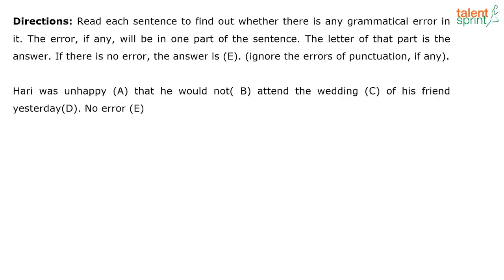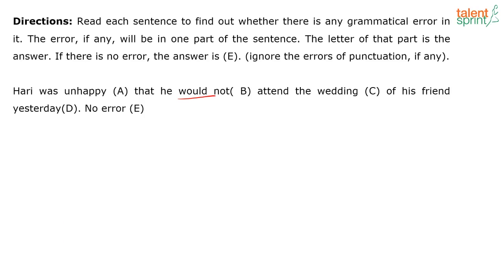Modal verbs, because modal verbs express ability, certainty, something that should be done, right? Like it's the right thing to do, right? So having said that, where do you think the error is? Obviously, the only modal that is there is in part B, would, right? And we all know that would is the past tense of will.